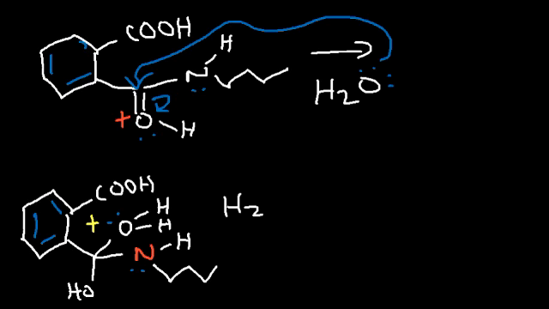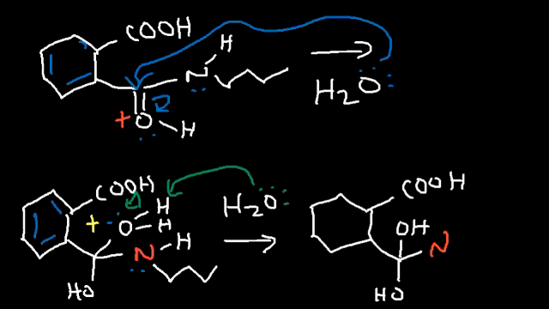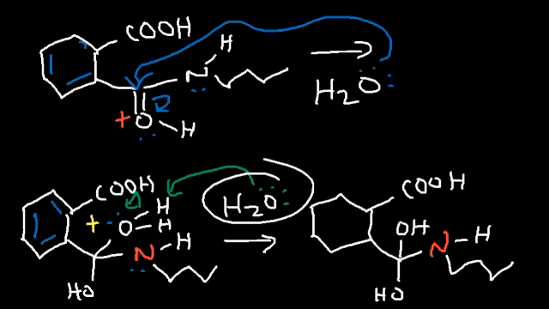So another water molecule will be used to take away this hydrogen, giving us this structure. So we're going to have 2 hydroxyl groups. And now water has been converted to H3O+.